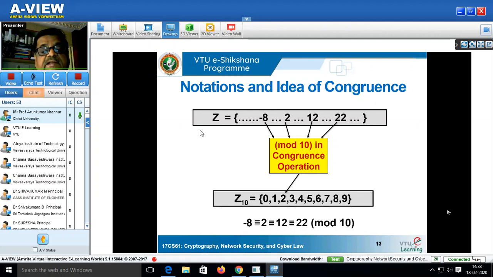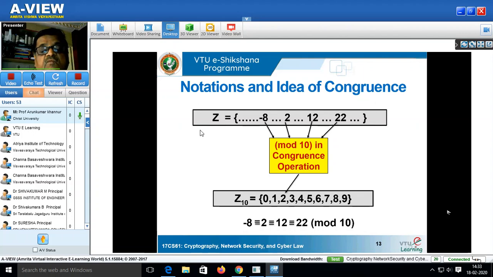Now when I apply minus 8 mod 10, the value I get is 2. This 2 appears in Z10, so we are mapping to that value. Similarly, when I perform the mod 10 congruence operation on 2, I get again 2. When I do it on 12, I get 2. When I perform it on 22, I get 2.